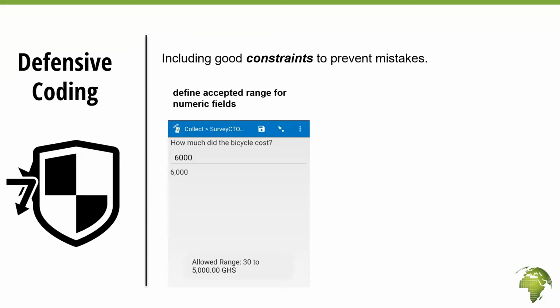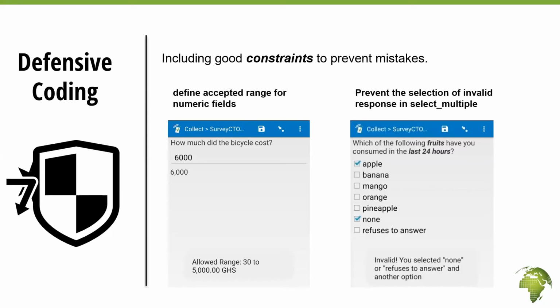So this is an example of a hard constraint where we define a range for which we either accept the value or we don't. So if we think that a value of more than 5,000 Ghana cedis for a bicycle is not possible, then we can just build that in, and we don't allow people to enter those values.